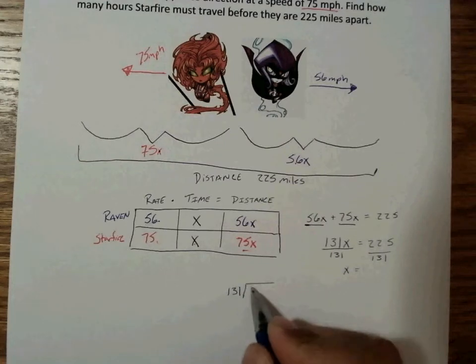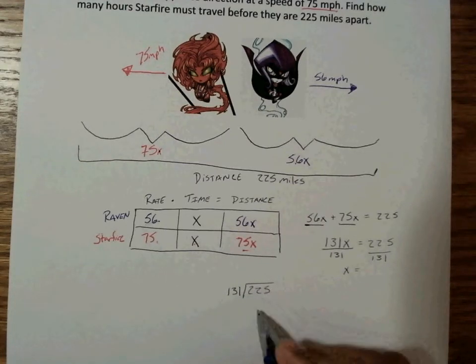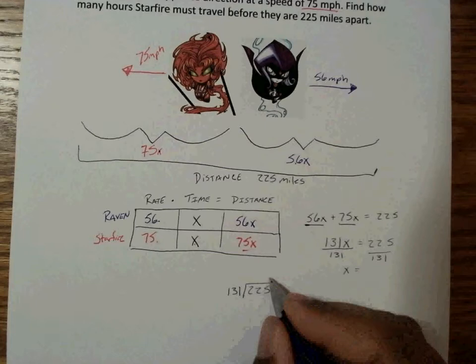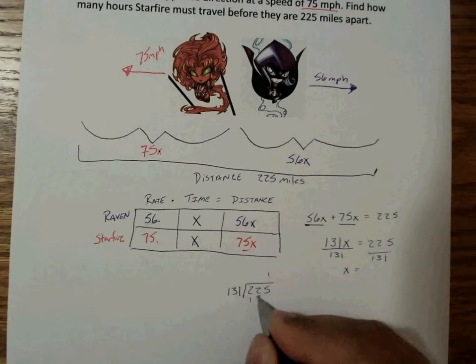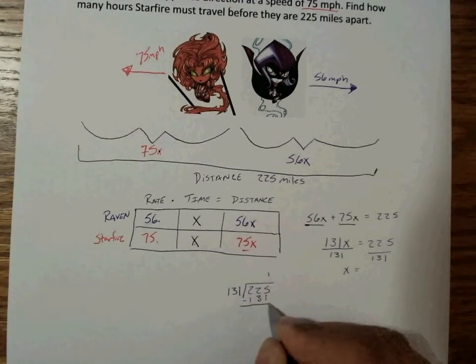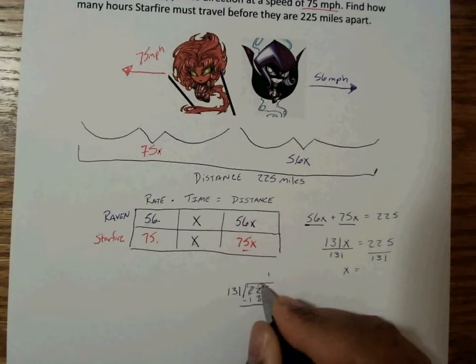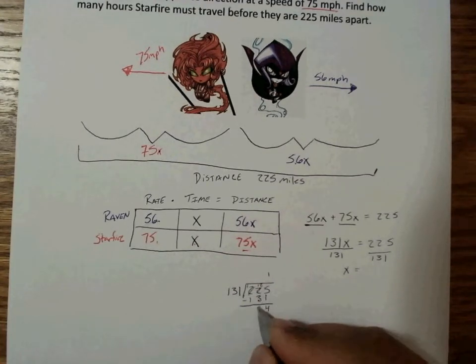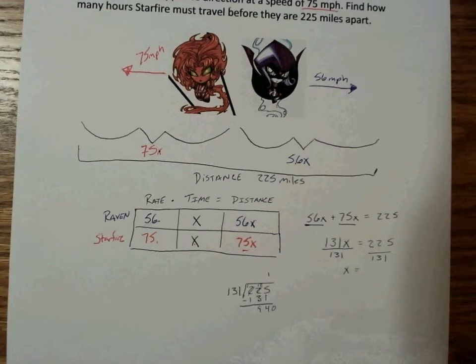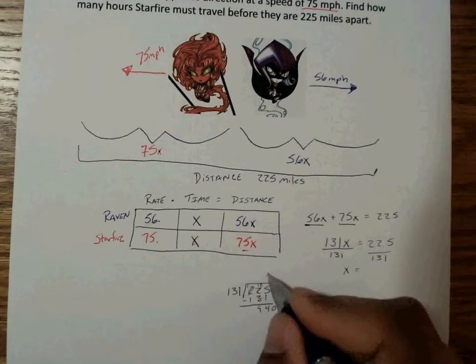So 131, we have 225. It can go into there only one time. So we have 131. We subtract, and we get 94. Bring down 0.